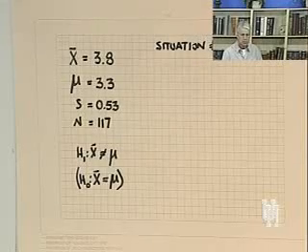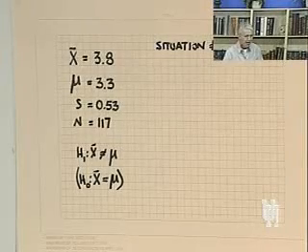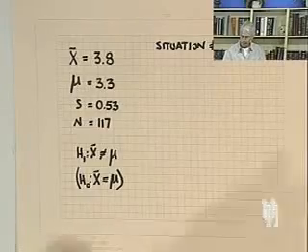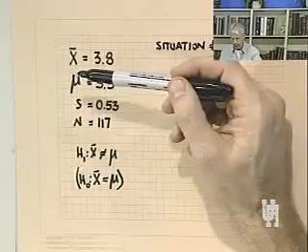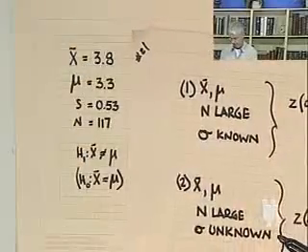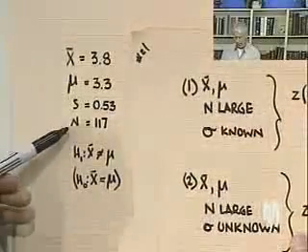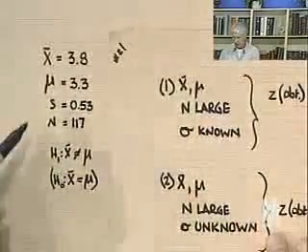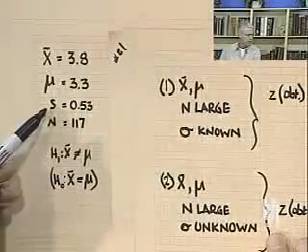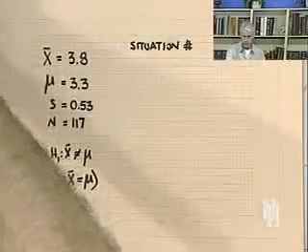How many of you don't know but presume that I'm going to tell you? It's situation 2. You're comparing X bar and mu. N is large, that is in excess of 100. And sigma is unknown. What you know is S, the standard deviation of the sample. So we're in situation 2.